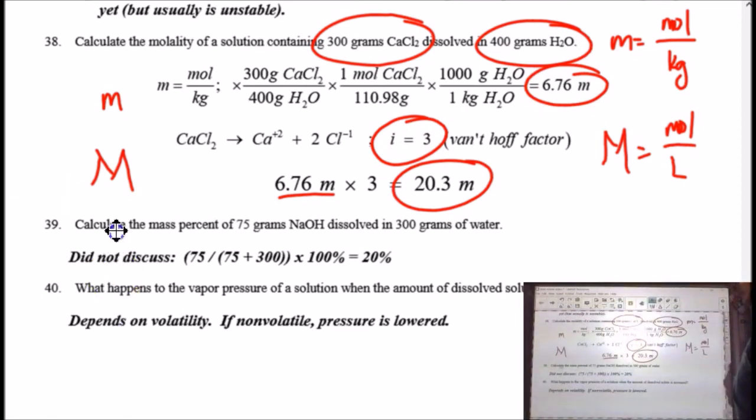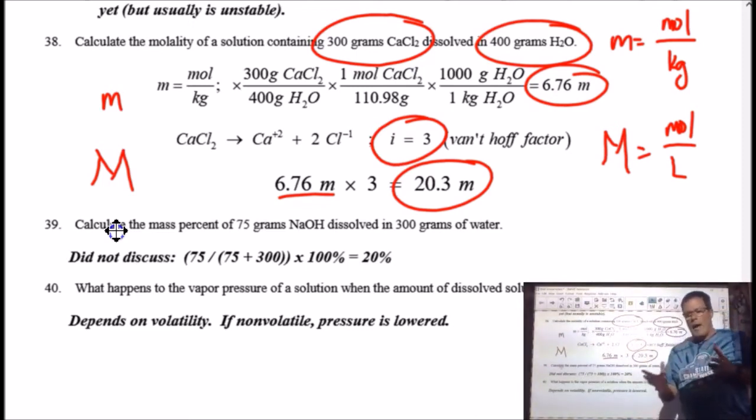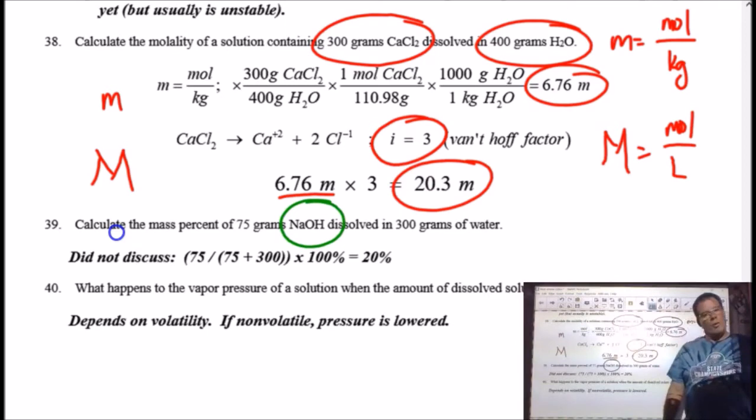39 says calculate the mass of 75 grams of sodium hydroxide dissolved in 300 grams of water. You're not going to have to do a calculation where you figure out what the mass is dissolved in water, but I might ask you to calculate what is the percent of sodium in sodium hydroxide. That I expect you to be able to do.